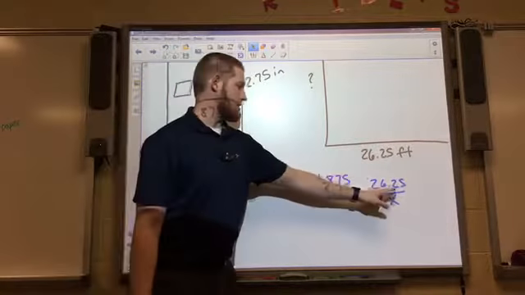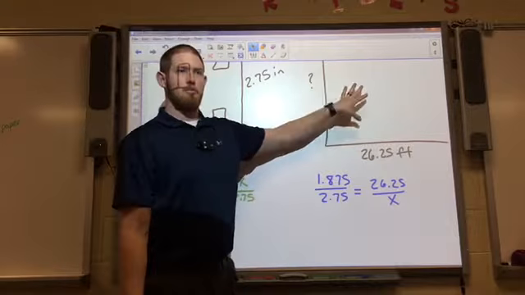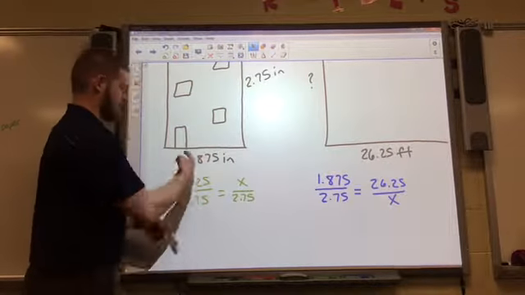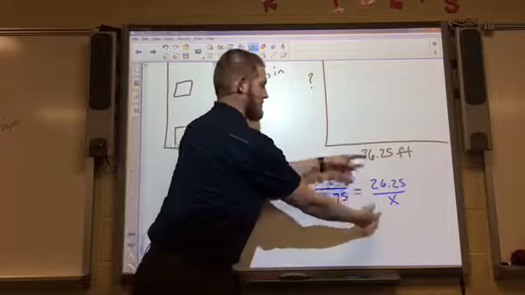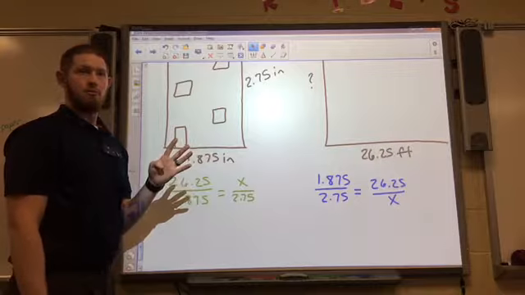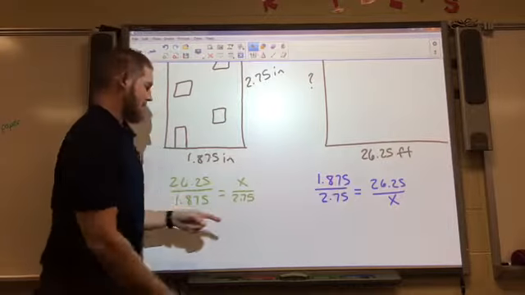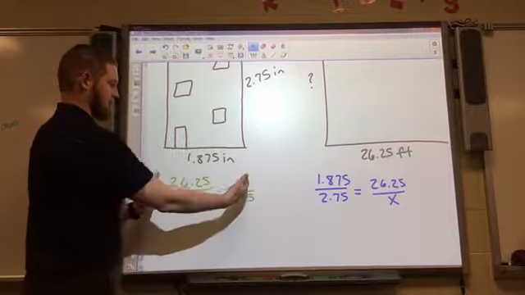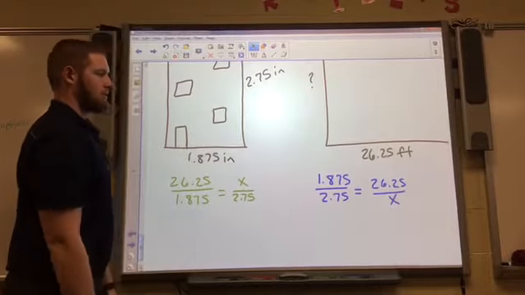And same thing with 26.25 and x. Same diagram. Okay, so that's good. Now, remember from above, could I have flipped these or flipped these? Okay, so there's actually 4 good ways to set this up, right? There's both of these, and then there's the reciprocals of these. And there's actually more. I guess you could flip them this way too.